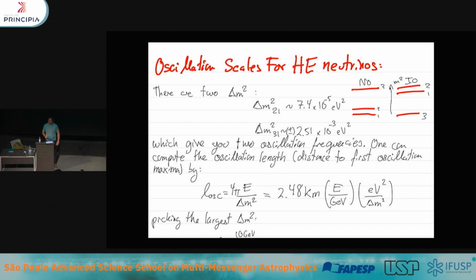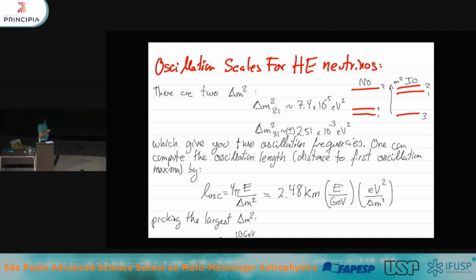Also, people call it the abnormal ordering too. And this is because in the quarks, masses are ordered like that from hierarchy. So we actually do not know the neutrino ordering. So we do not know if the neutrino mass states are like that or like this. Okay. So that's why there is a plus or minus in this 3-1.